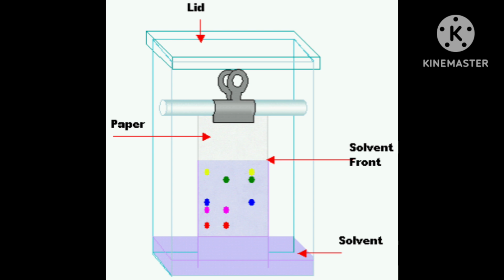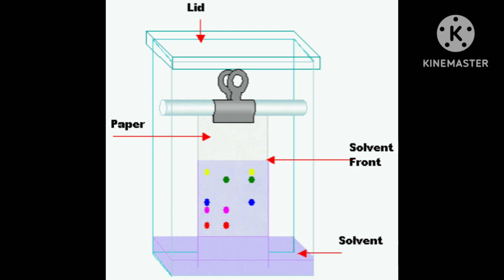Some may dissolve in water, some may dissolve in a special type of solvent, and then partition will be there. The paper selectively retains different components according to their differing partition in two phases, mobile phase as well as stationary phase.